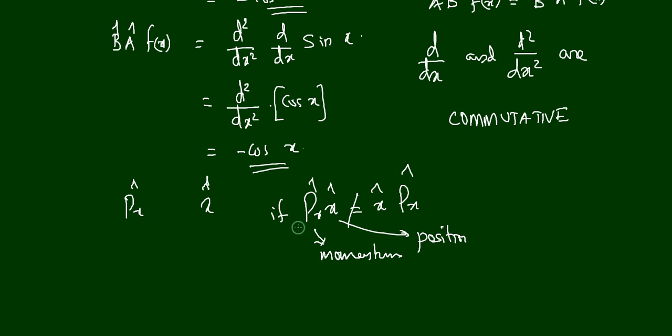So if two operators are commuting, the physical quantities corresponding to those operators can be simultaneously and precisely determined. If they are non-commutative, the physical quantities cannot be determined simultaneously and precisely. That is the significance of commuting operators in quantum mechanics.